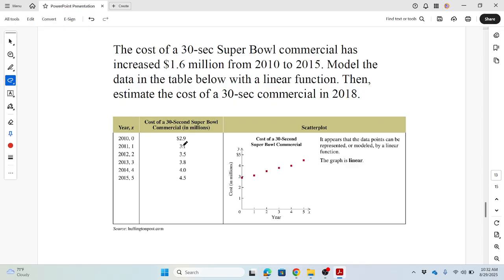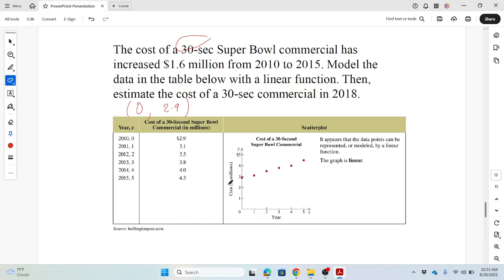And these are the costs for a 30-second Super Bowl commercial. If you plot this data, when x is 0, which is 2010, the cost is 2.9 million. So that's what you're going to plot here. This is 0, 2.9. When x is 1, which is 2011, the value increased to 3.1 million. So this is the data.